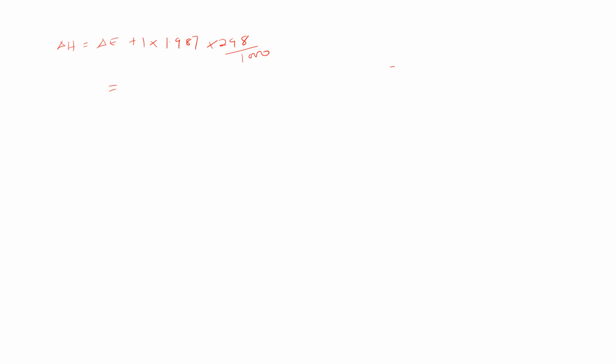So this gives us minus 14.2 plus 0.592, and that is negative 13.6 kilocalories per mole. So that is how we can relate delta H and delta E.